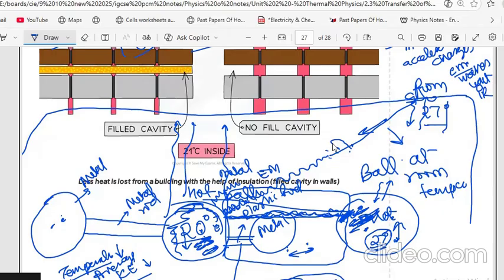So through radiation, the average kinetic energy of one body is falling, the other body is rising, and gradually they will become nearly equal. But that will take time, because radiation takes a lot of time. There will also be a lot of heat losses, and everything will get hot.